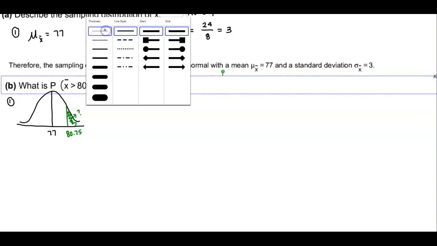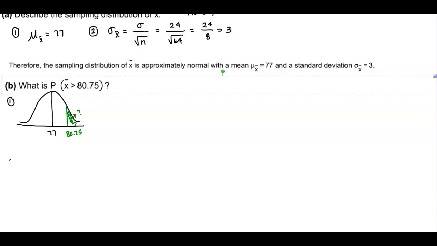So by using technology, we're going to use normal CDF, and the lower bound is 80.75. The upper bound is 9999. The mean is 77, and we use the standard deviation of the sample means, which is 3.